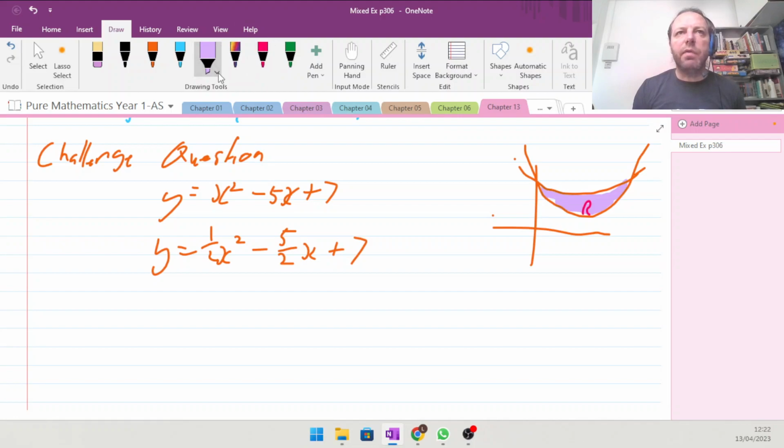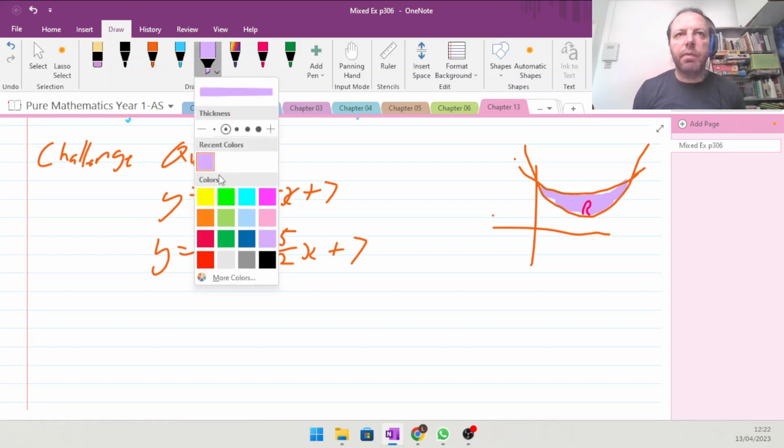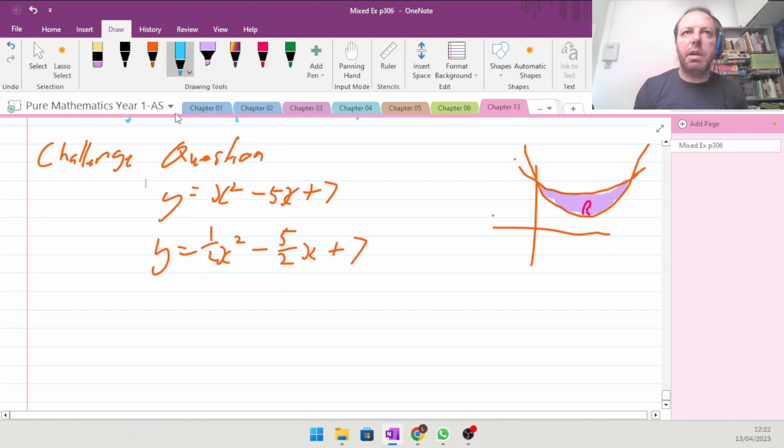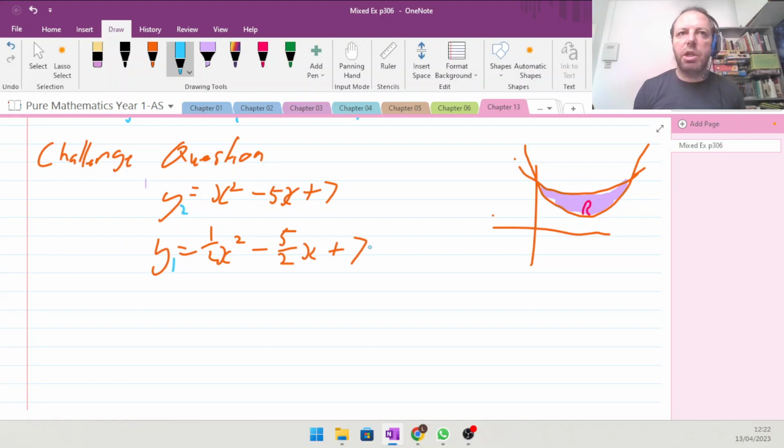We are going to find the area of the one underneath. Let's just label these up for clarity. Call this Y1 and this one Y2. So Y1 is here, and the lower graph is Y2.